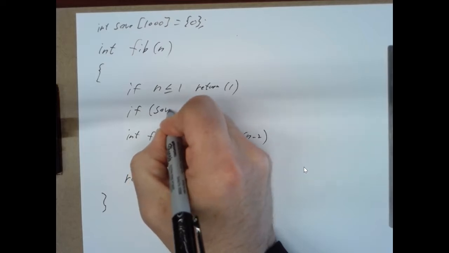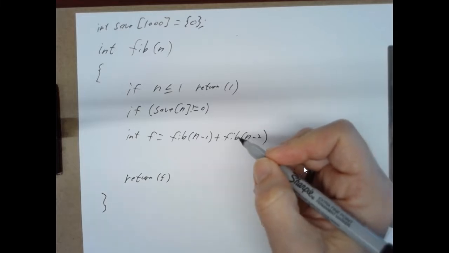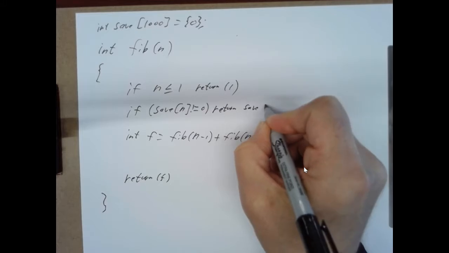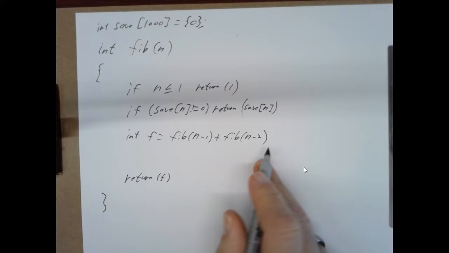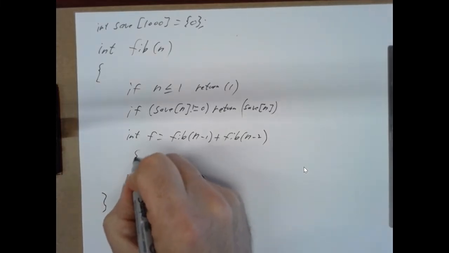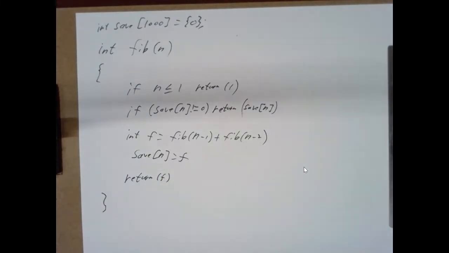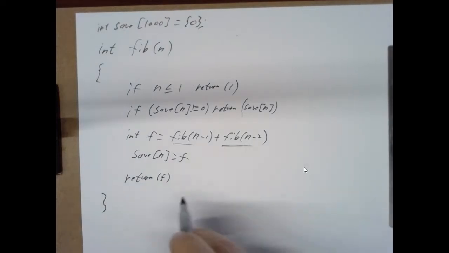So if save n is not equal to 0, then we must have saved a value in there. So let's just return it. Otherwise, do the expensive recursion, but before you return, save it in your array. So you only pay the recursive price once. The next time that we want the same Fibonacci number, the nth number, it's already going to be saved. We'll just read it from memory and return it right away.